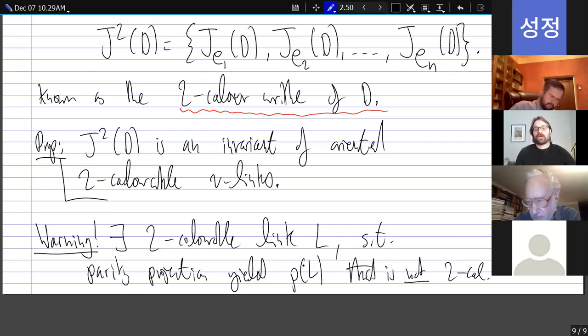I was very surprised when my colleague Hans Boden said to me, well, you should be able to parity project as many times as you like. And so I tried to prove it, and then I was actually on an aeroplane when I found the diagram of this link that you parity project and you actually now fail to be two colorable.